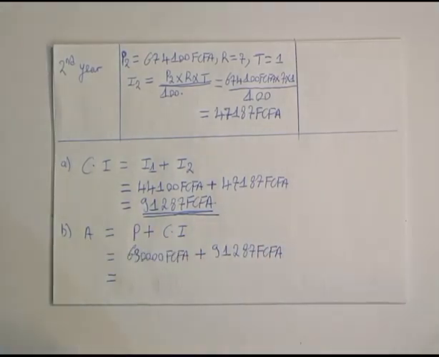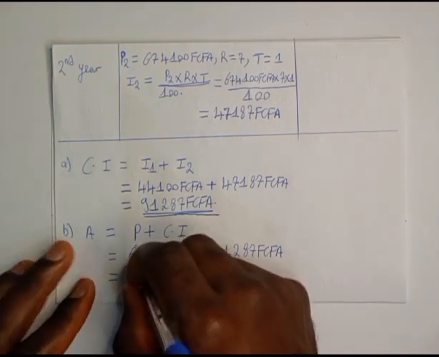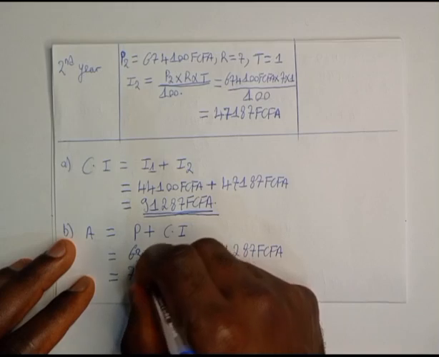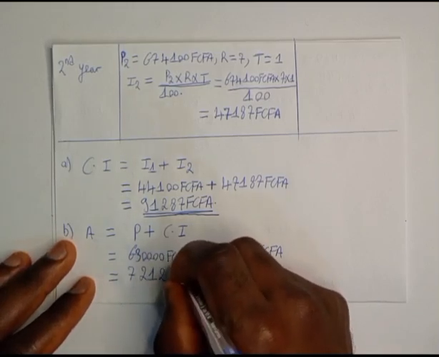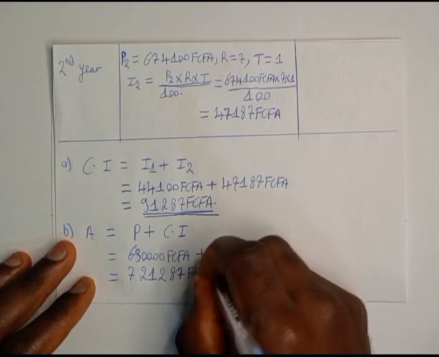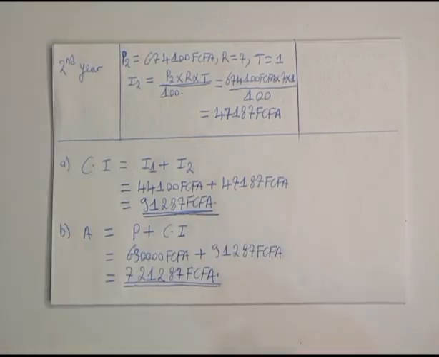Performing this addition, we obtain a result of 721,287 francs CFA. This is the total amount the lender will pay back.